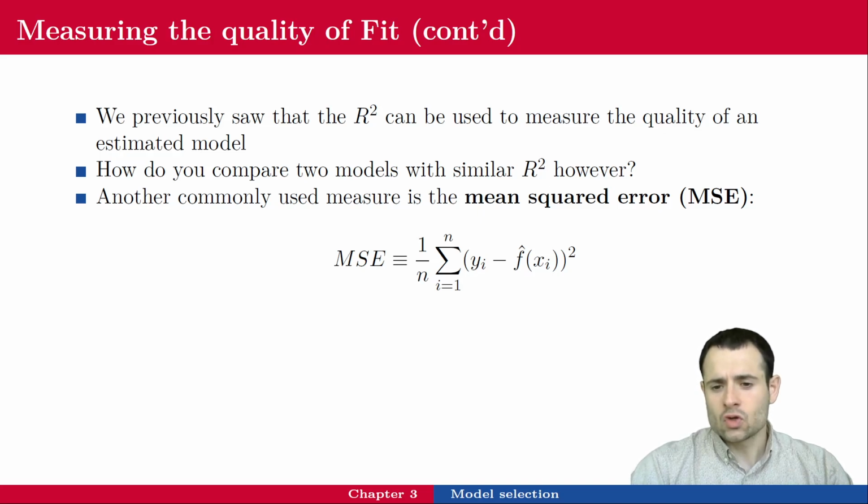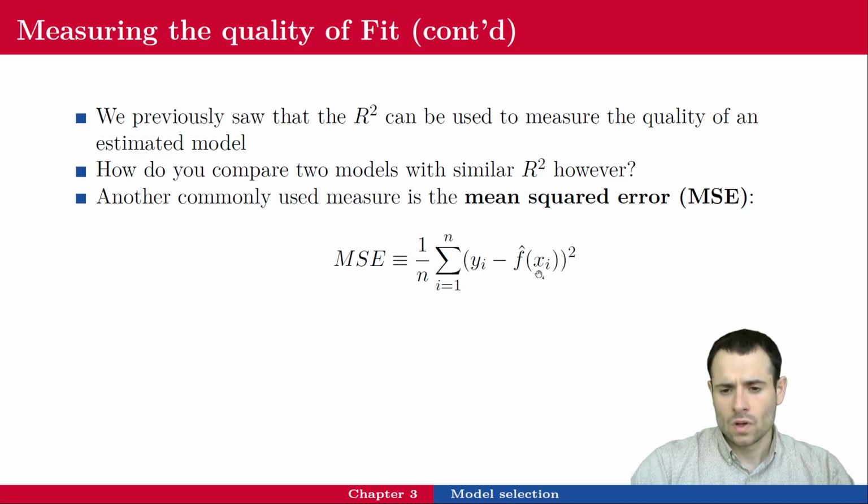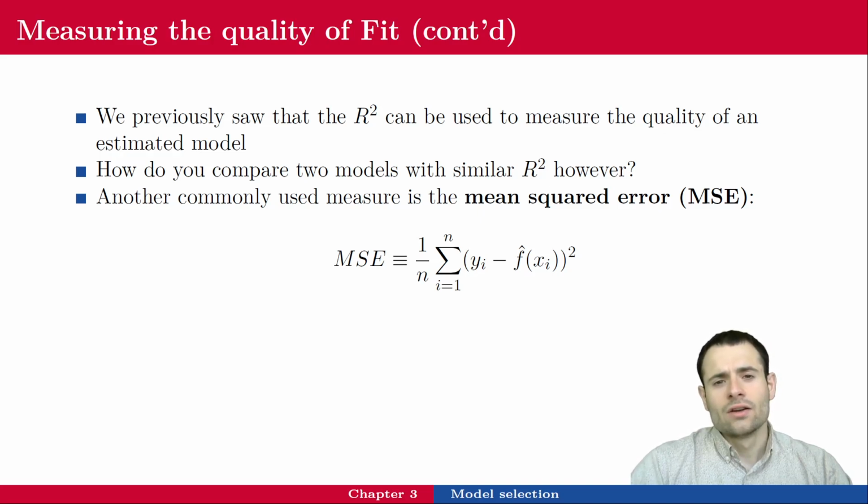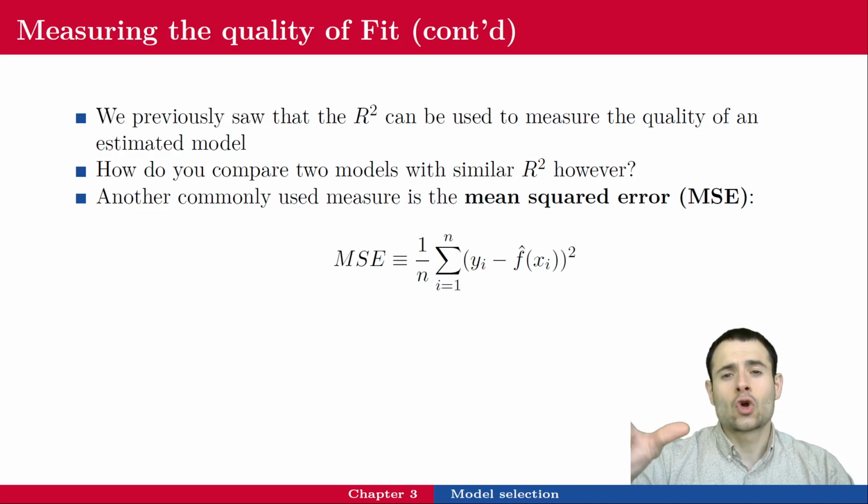We take the square of the error, and the error is defined as the difference between the actual data and the corresponding prediction at the covariate levels. Then you take the square, because we care about the distance. We don't really care if the prediction is lower or higher. What we care is that it's close or far from the actual data.